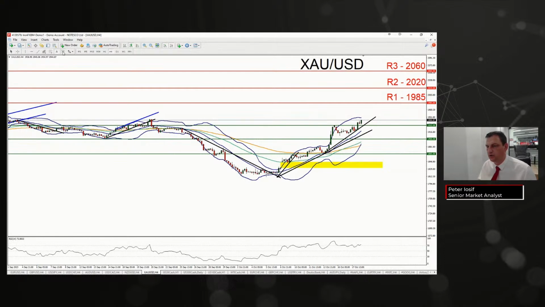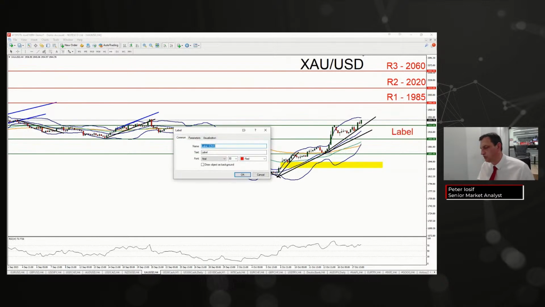Moving now to the support lines. We're talking about a wide corridor here, as the S1 is being set at 1932.